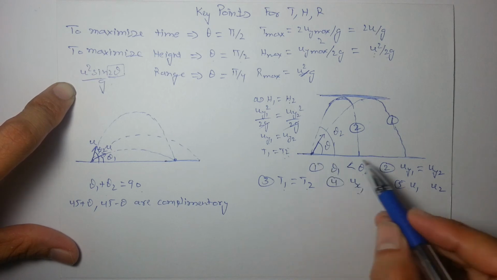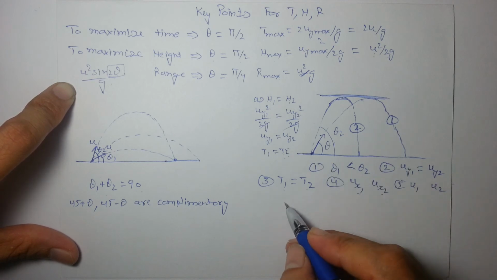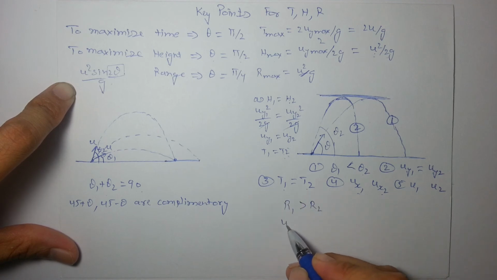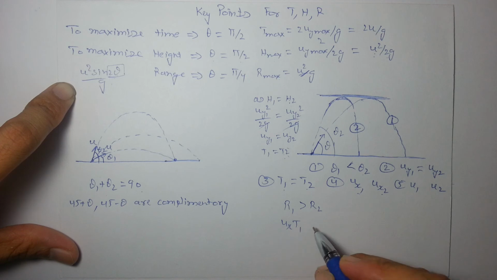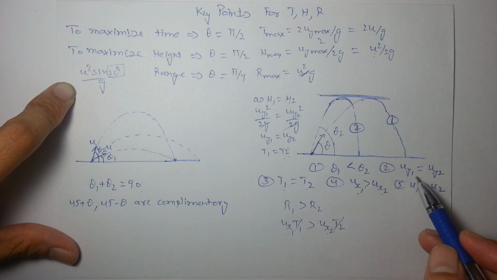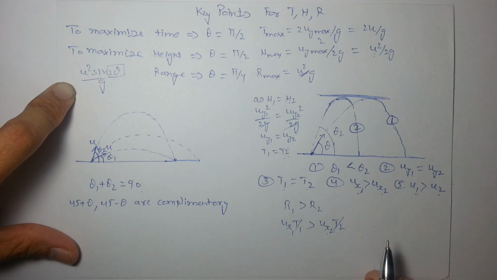I can say time is same, so r1 is greater than r2, as r1 is nothing but ux1 into t1, which is greater than ux2 into t2. So t1 and t2 are equal. I can say ux1 is greater than ux2, as uy are equal and ux1 is greater, so I can say u1 is greater than u2.